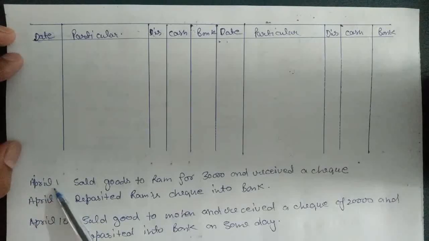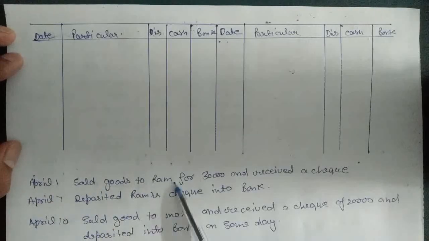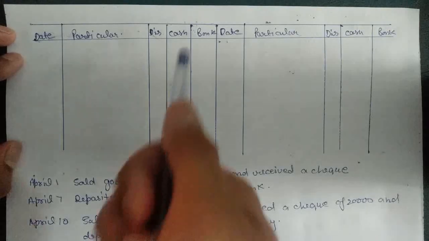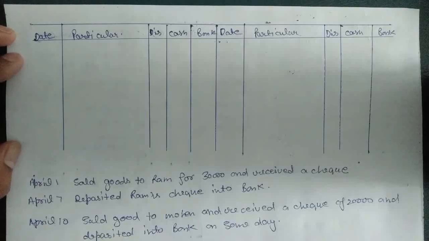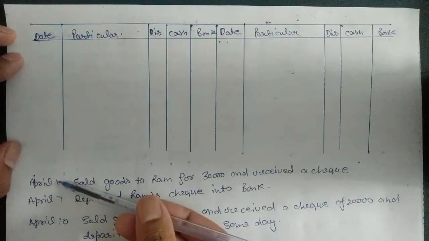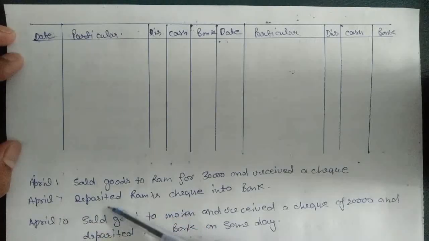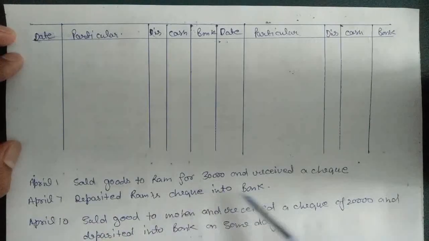On 1st April, we sold goods to Ram for 30,000 and received a check. Till now, what we have studied is that when we are receiving a check, we need to directly submit it into the bank account. But here there is a difference, because in the next entry, on April 7, that check was deposited into the bank.